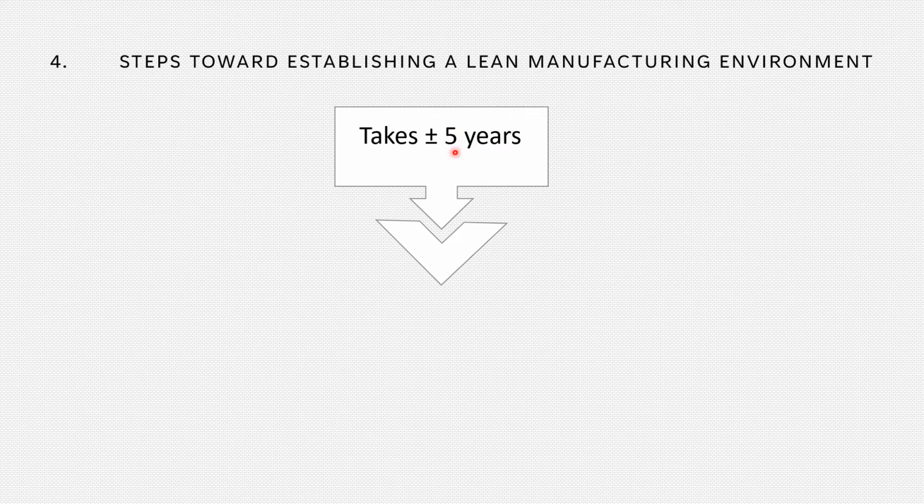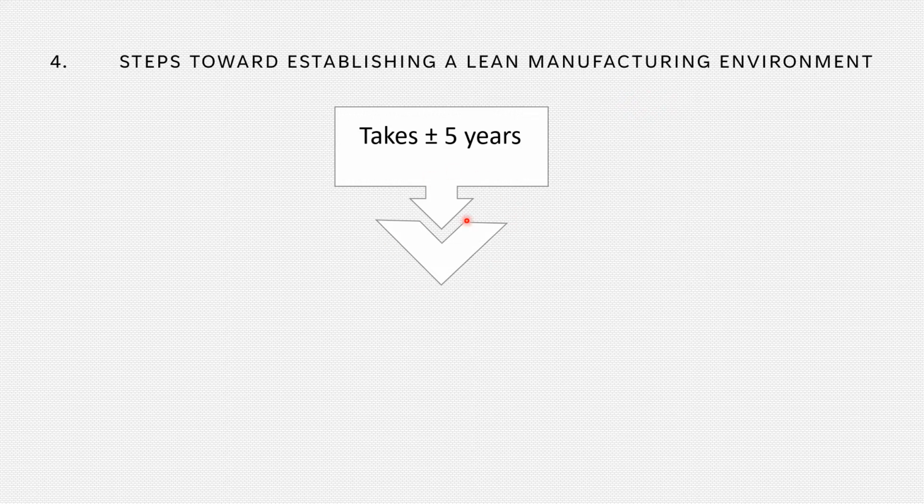It takes plus or minus 5 years to run the lean manufacturing system from implementation. On average it's about 5 years, sometimes earlier, sometimes later, to establish a lean manufacturing environment.